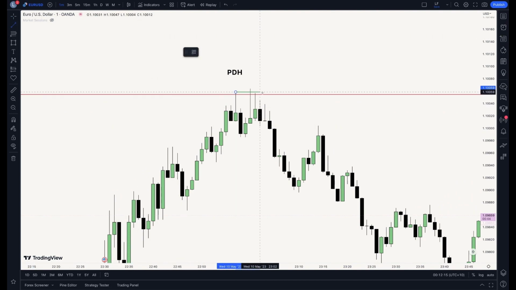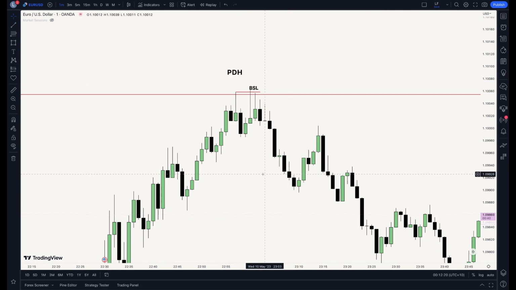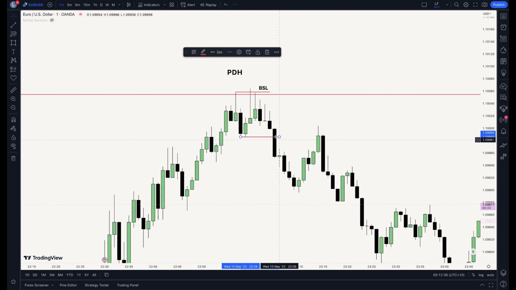On the 1-minute time frame, there was this buy side liquidity, right? What's this wick? Price went up and took out this level. And what's this called?